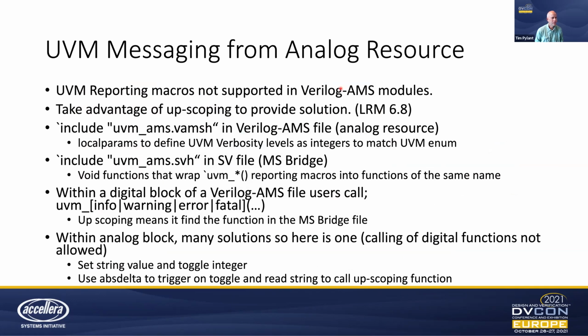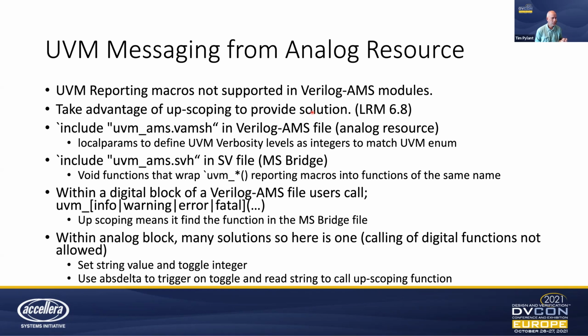So of course, because that is SystemVerilog, you cannot put it into SystemVerilog AMS modules. So you have to write the UVM info and other messaging in SystemVerilog. So how do you do that? There's a capability called upscoping, and I'm going to show an example of that.